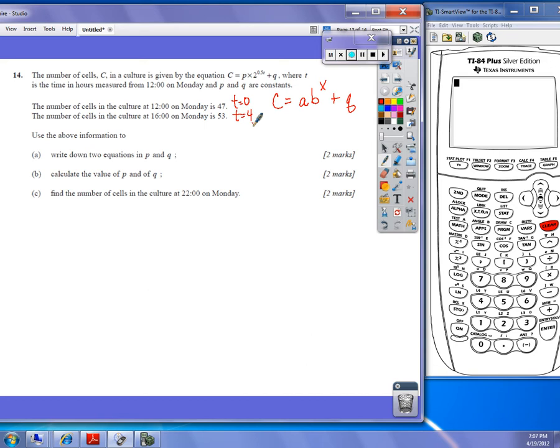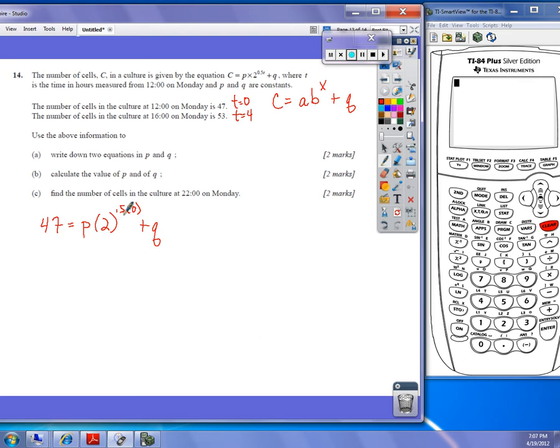At time 0, the number of cells I have, 47, is equal to P, I don't know what that is, times 2 to the power of 0.5 times 0 plus Q. So think about this.